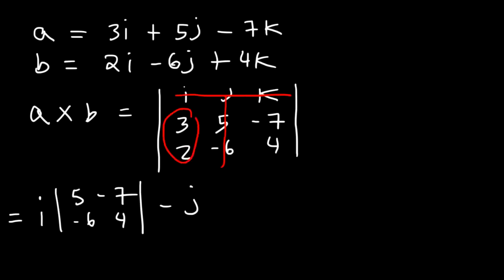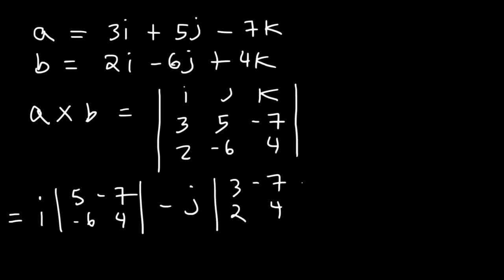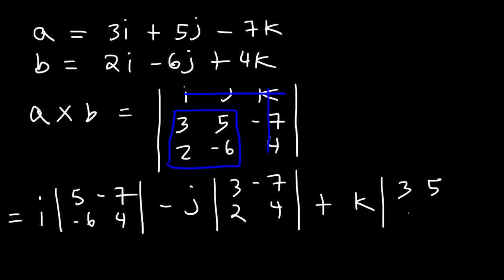So we have left over 3, 2, and negative 7, 4. Next, we have positive k, and k is in the first row, third column, which leaves behind 3, 5, and 2, negative 6. So this is what we now have.